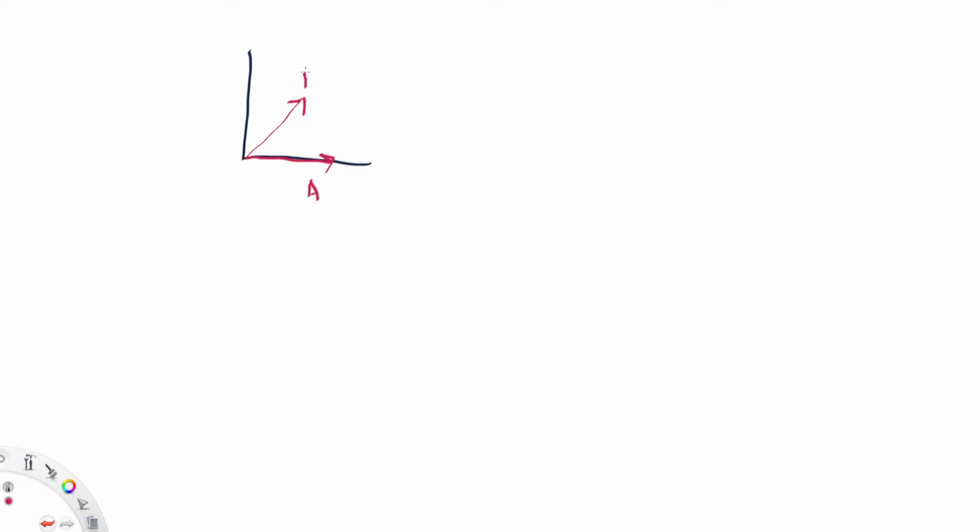If you draw them like this, you can't visually estimate what it should be. What you have to do is draw A and then start B from the tip of A. And then the sum is from here to here.